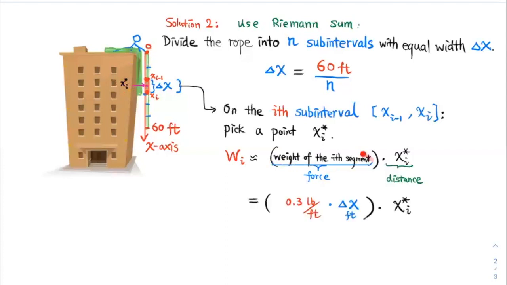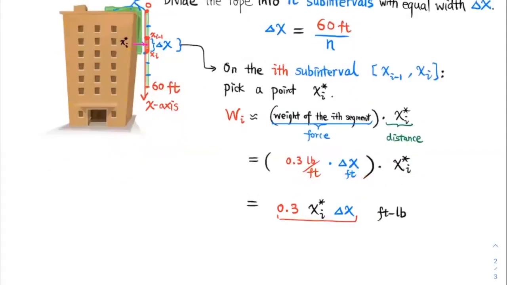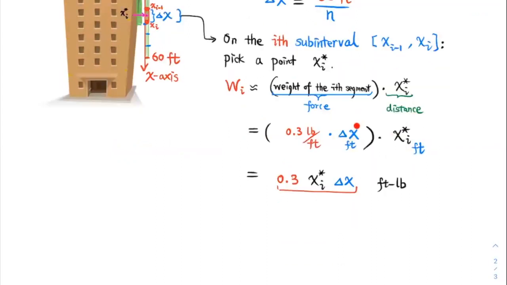The weight of this i-th segment is equal to the linear density 0.3 pound per feet times the length of the segment, which is delta x feet. So we get 0.3 times delta x pound here. The distance that this segment moves is about xi star. The product of this will become 0.3 xi star delta x, and the unit here will be foot-pound.